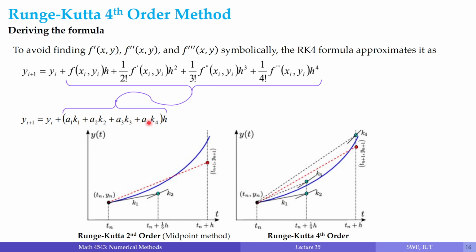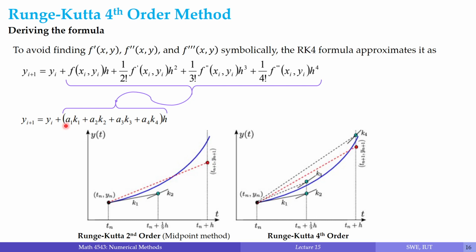What Runge and Kutta did was they recast this whole equation as y i plus 1 equals y i plus a1 times k1 plus a2 times k2 plus a3 times k3 plus a4 times k4, times h. So what's happening over here? We are taking four different slope values at four different points, and we are assigning weights a1, a2, a3, and a4 to them respectively.